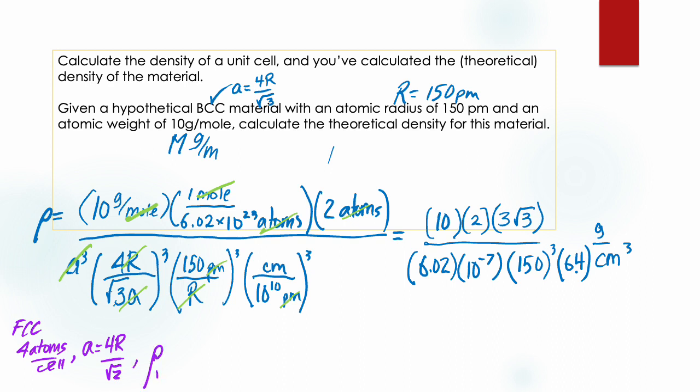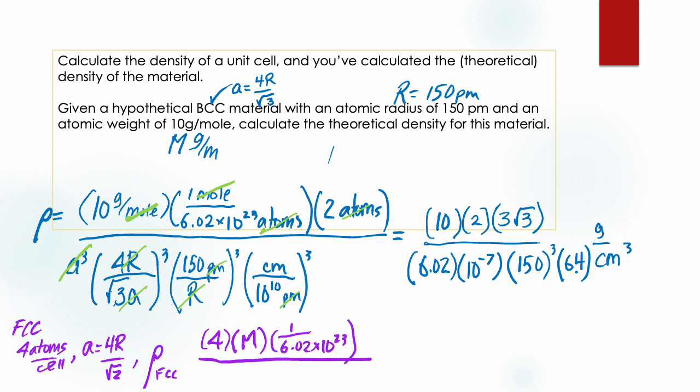So density for FCC is going to be 4 for the 4 atoms per unit cell times atomic mass times 1 over Avogadro's number, and that will give me a numerator that's in grams.